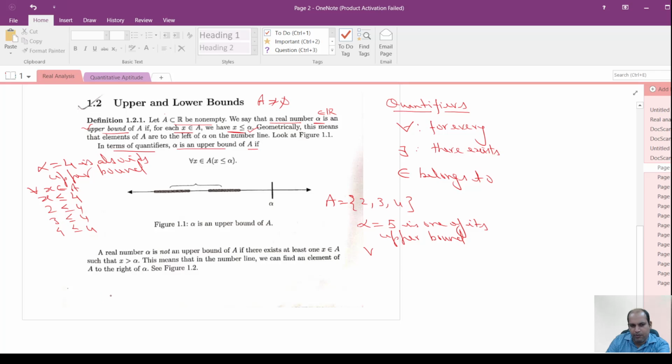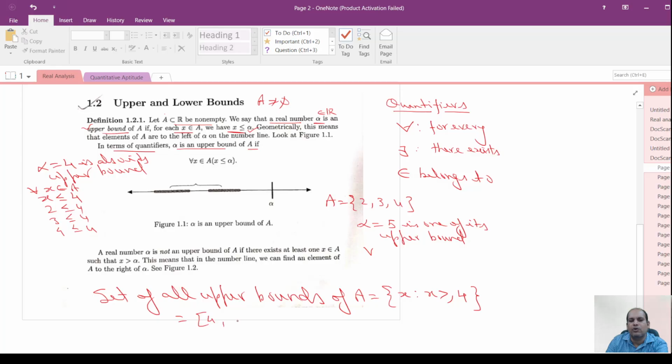So the set of all upper bounds of set A, I can write as the collection of all those x such that x is greater than or equal to 4, or in interval form I can write it as 4 to infinity. So all these are the collection of upper bounds of the set A. Now, next definition: a real number alpha is not an upper bound.